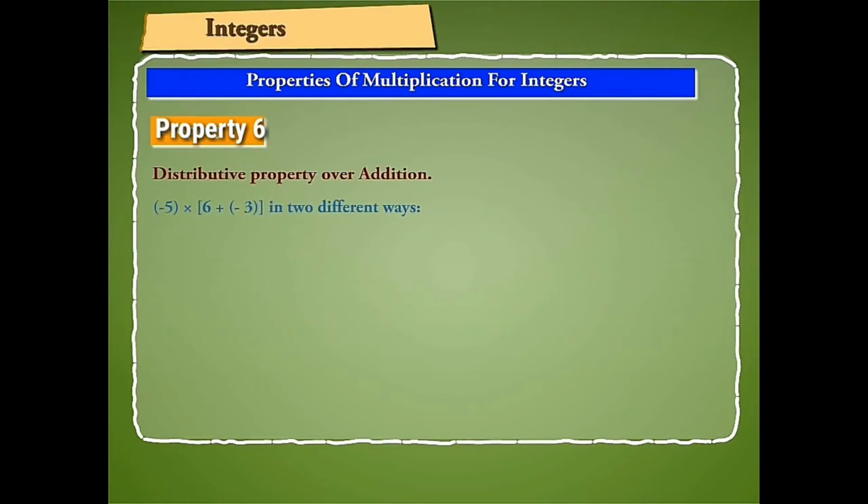Property 6. Distributive property over addition. We can compute minus 5 into 6 plus minus 3 in two different ways. First, minus 5 into 6 plus minus 3 is equal to minus 5 into 3, that is equal to minus 15.